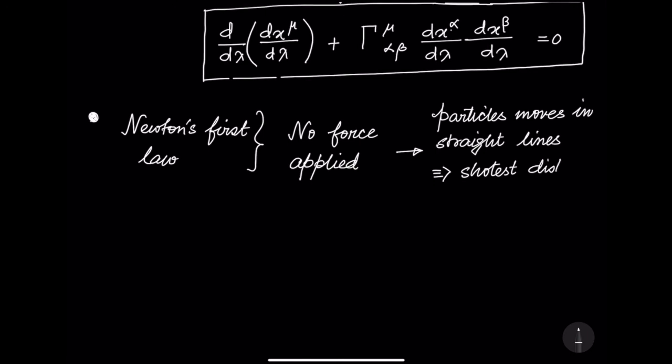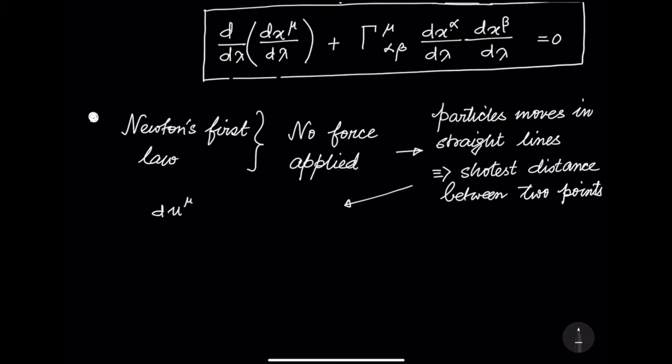That is the definition of a straight line. Now that is what we derived last time, and we found the equation for shortest distance between 2 points.